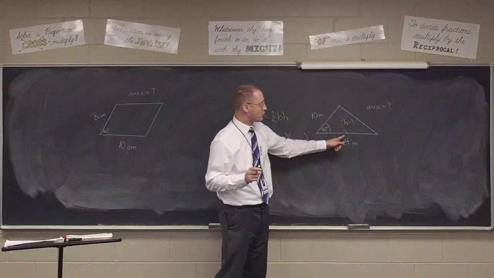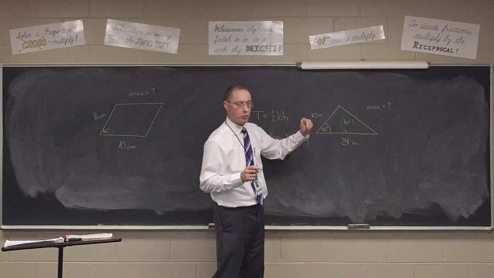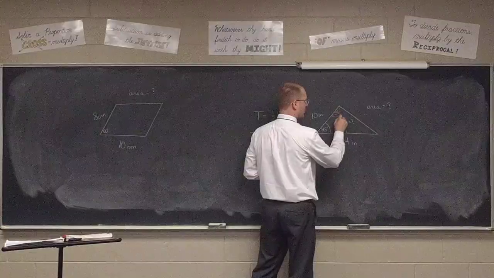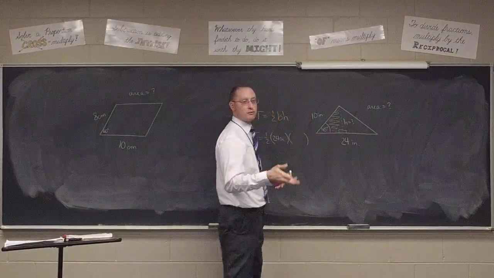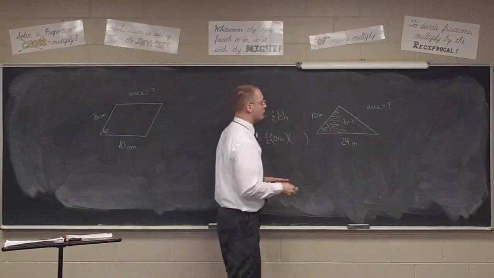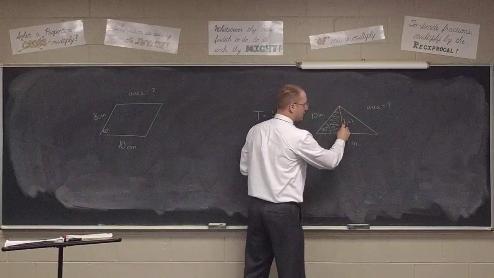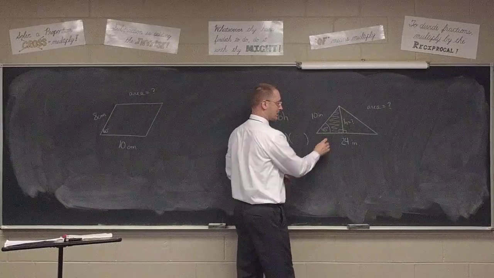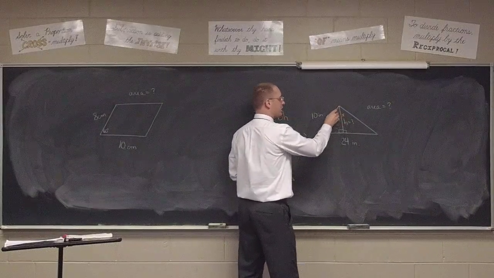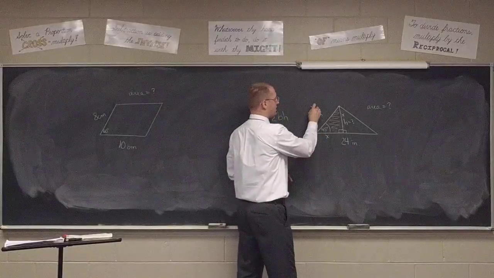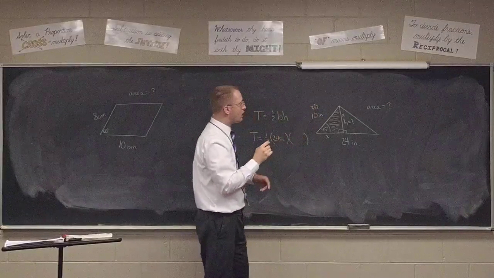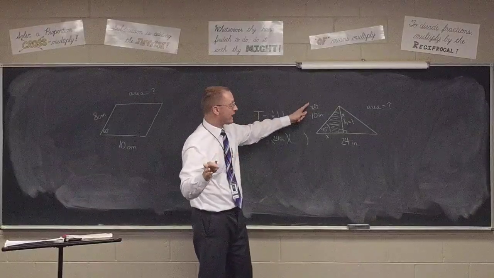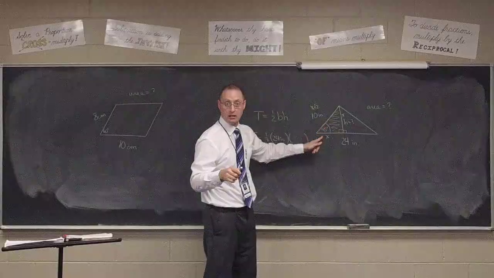Hopefully you drew an altitude, but when you did, class, you formed a 45-45-90 triangle, where normally we would label these two segments as x, and normally we would label this side x times the square root of 2. So if 10 is the x square root of 2, what did you find the x's to be?